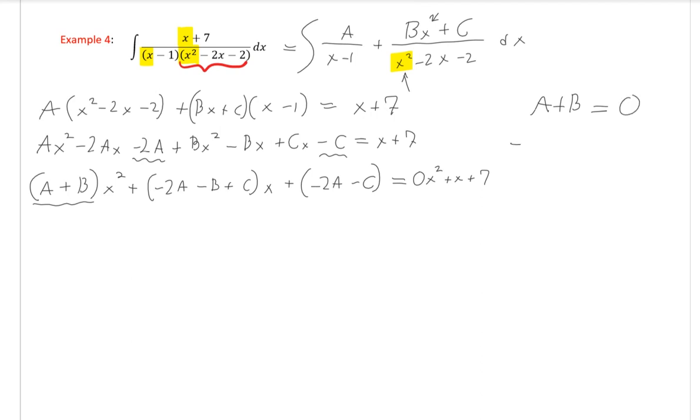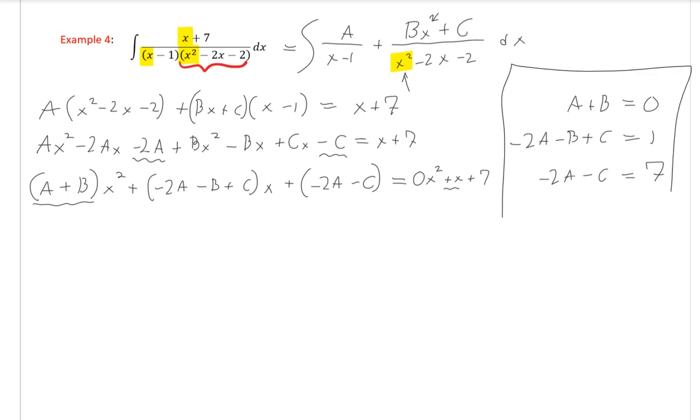I also have minus 2a minus b plus c equals 1, because that's the coefficient on x on the right side there. And for my constant that adds up to 7, I have minus 2a minus c. A plus b. All right, so that's my system of equations that I'm going to use here.